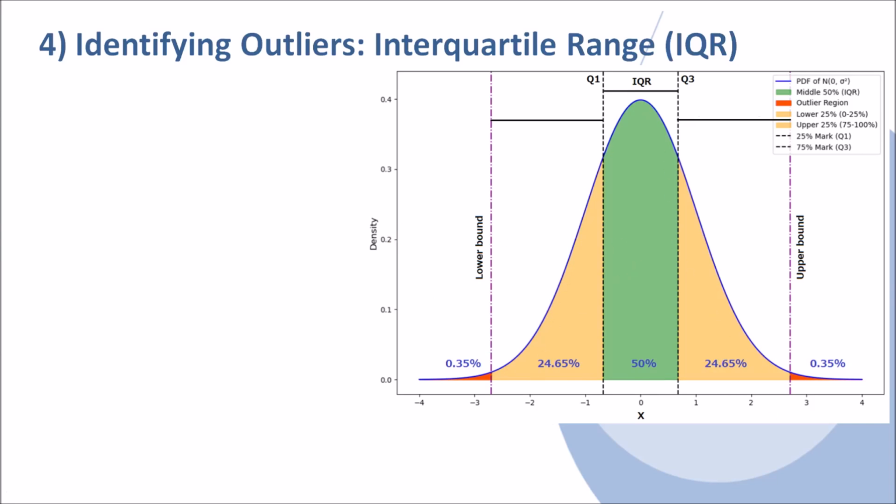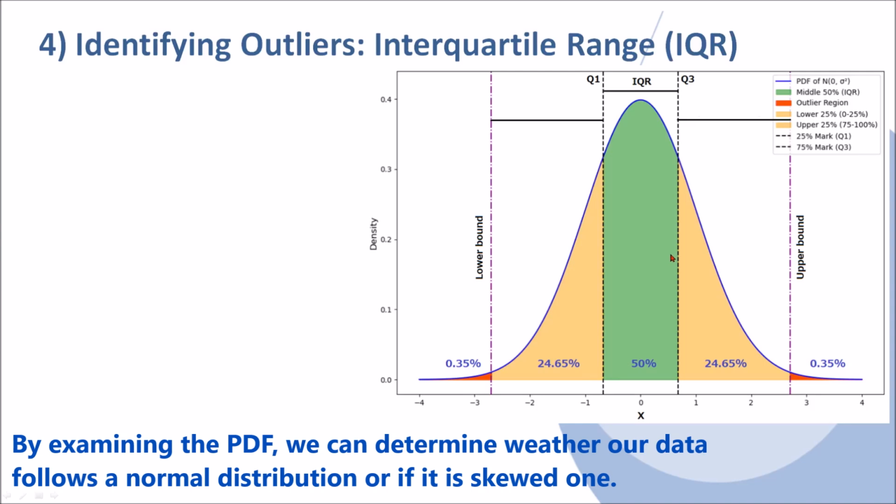Many machine learning models, such as linear regression and logistic regression, assume that the features are normally distributed. By examining the probability density function, we can determine whether our data follows a normal distribution or if it is a skewed one.